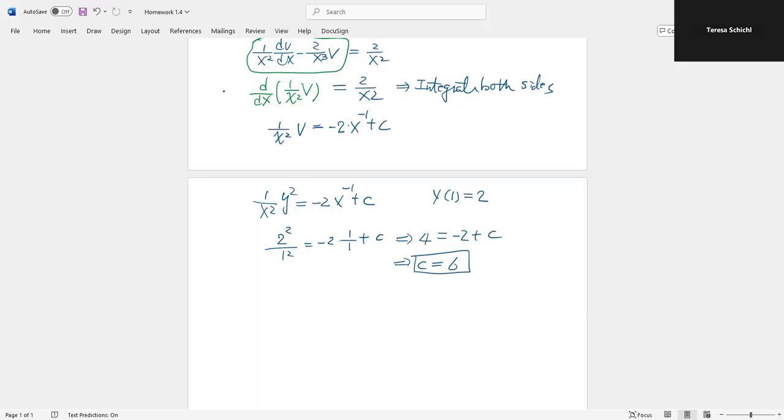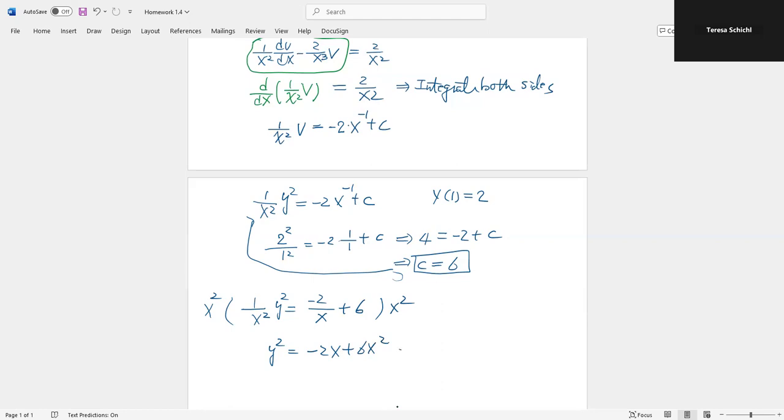Now I'm finally solving my equation. By plugging c back in, my equation will be 1 over x squared times y squared is equal to negative 2 over x plus 6 times 1 over x squared. I multiplied x squared on both sides to simplify it a little bit. So I got y squared is equal to negative 2x plus 6x squared.